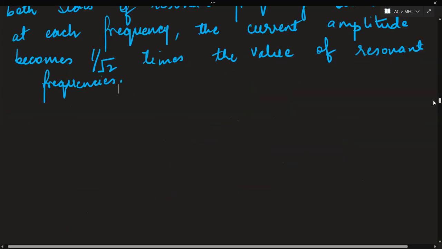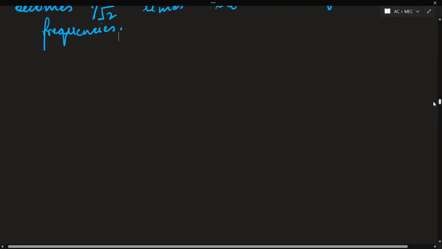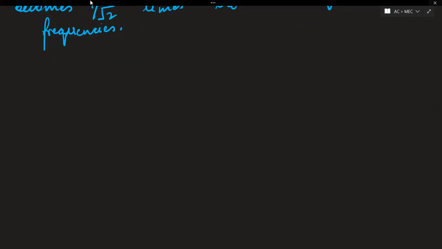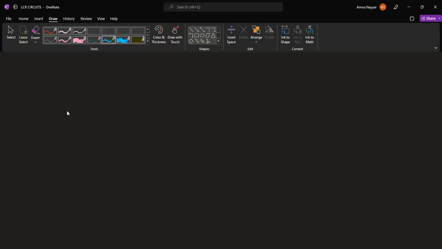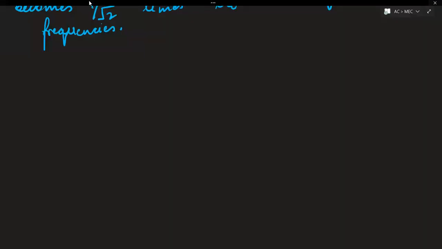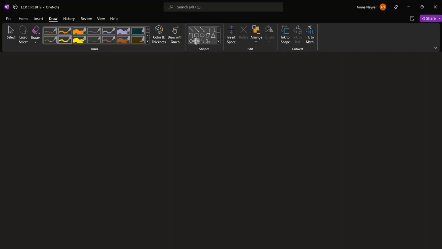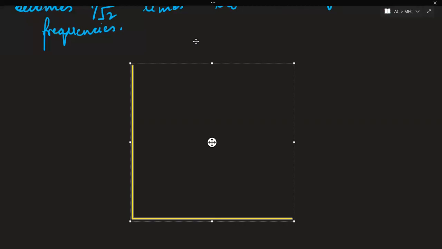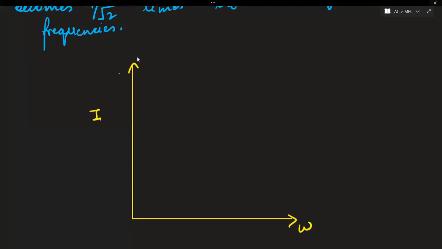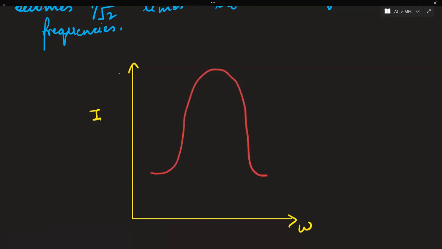Let me draw that graph once again. A graph I had drawn before explaining what was the sharpness. This is the graph. Here you have values of current. Here you have values of angular frequency. I'll just draw one value because right now we are not comparing all the different resistance values that we have.